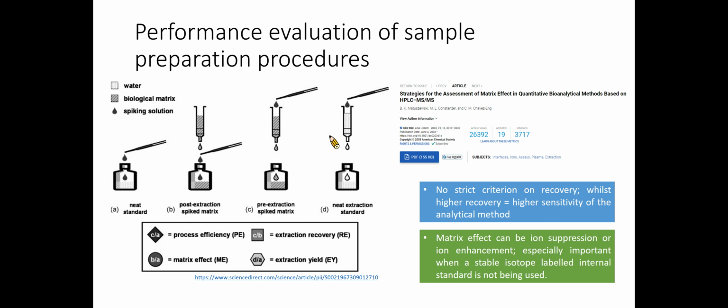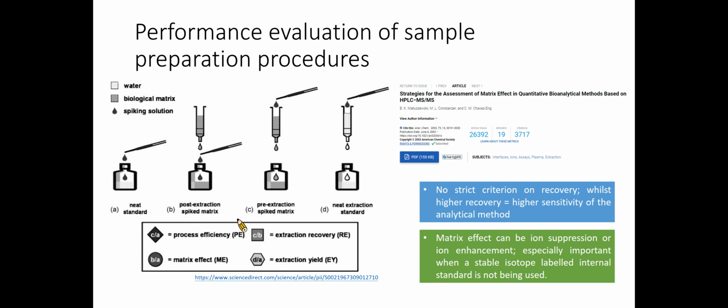How can we evaluate the process efficiency? By comparing the peak area of neat standard and pre-spike matrix, we can assess the process efficiency, extraction recovery, matrix effect, and the extraction yield in the same experiment.